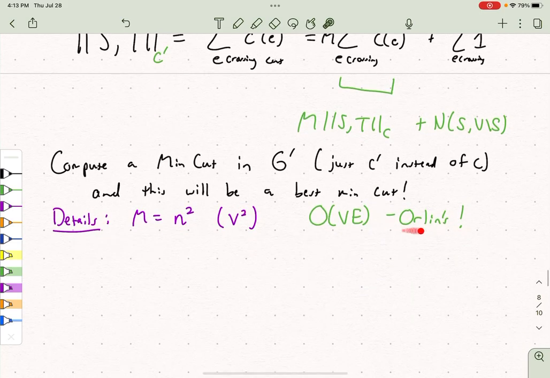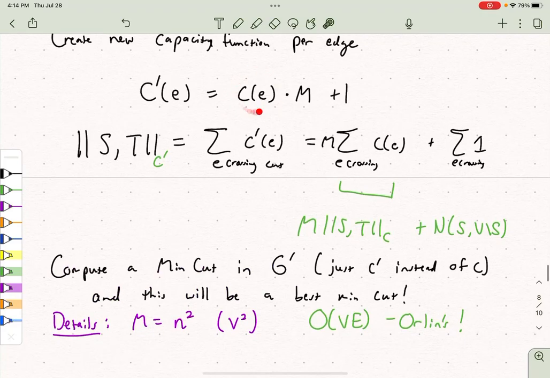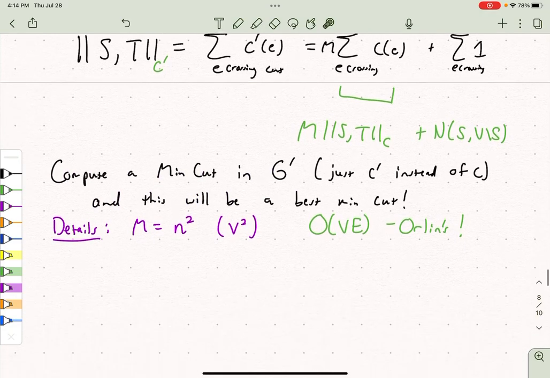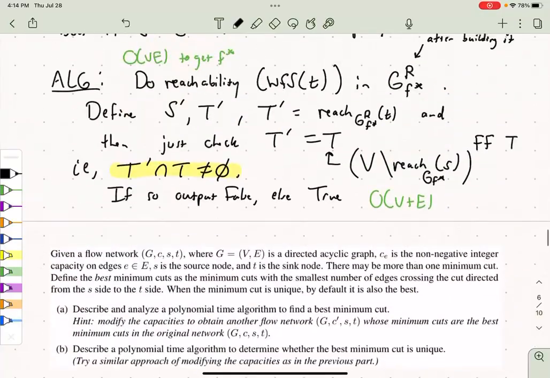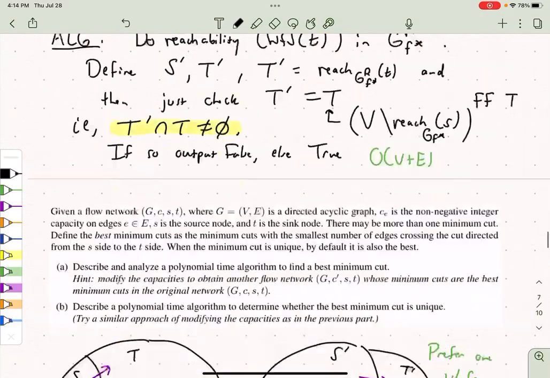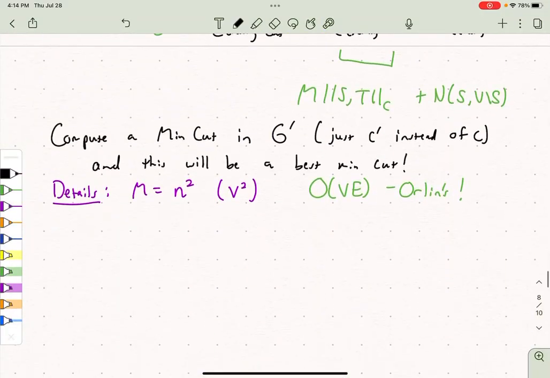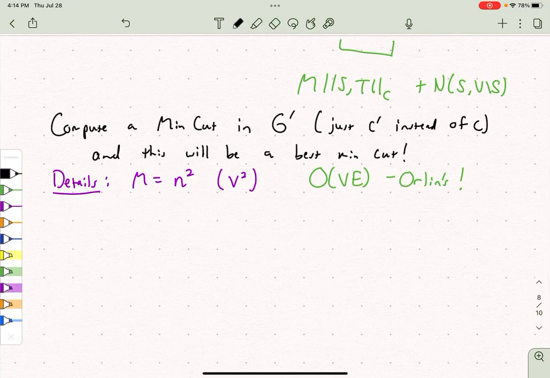So if we didn't use Orlin's and we used Ford-Fulkerson instead, we'd get something very slow, even if the original ones had unit capacity, because now we have this capital M there. So I just wanted to point that out. We've been using Orlin's throughout all of these so far. I don't believe any of these you could have used Ford-Fulkerson for if you computed F star from scratch. So keep that in mind.